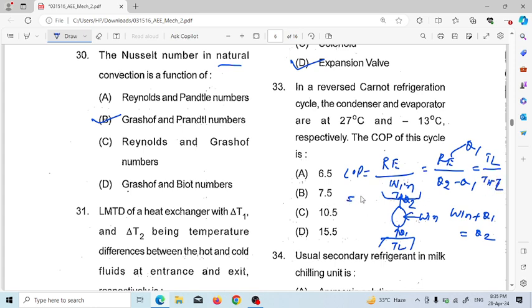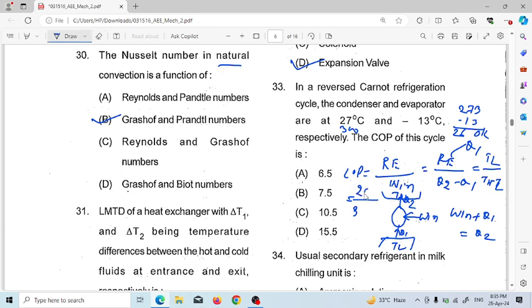So the higher temperature is given as 27 degrees centigrade, that means 300 Kelvin, and 273 minus 13 is equal to 260 Kelvin. Sorry, the lower temperature is 13 degrees centigrade, we mistakenly took it as the higher temperature.